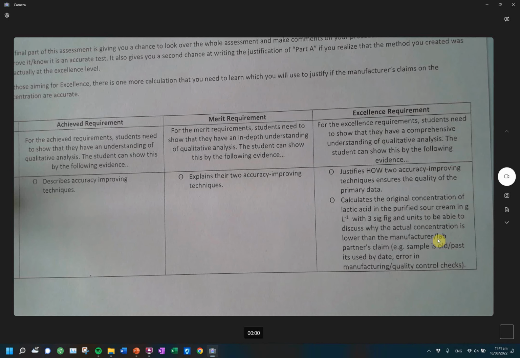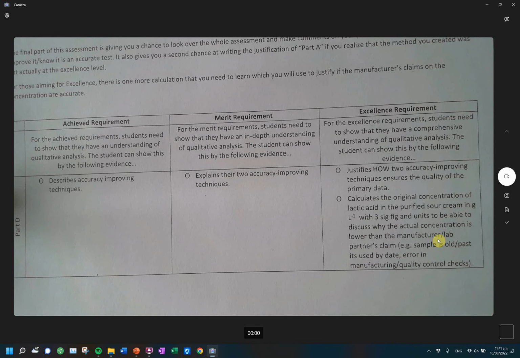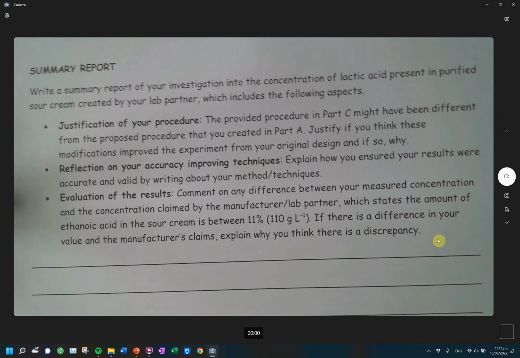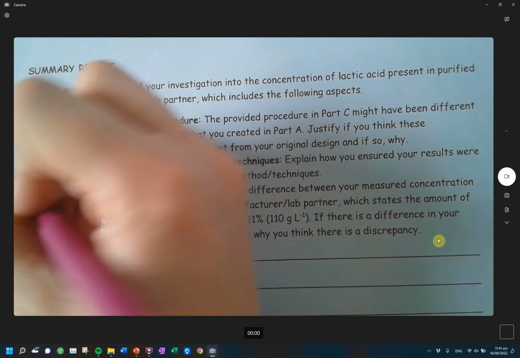So, I'll just do a quick overview of that. If you are just aiming for an achieved, I need you to describe some accuracy improving techniques. So the only bullet point I need you to answer if you are aiming for an achieved is, I'm going to start color coding stuff to make it easy to follow, is the second bullet point.